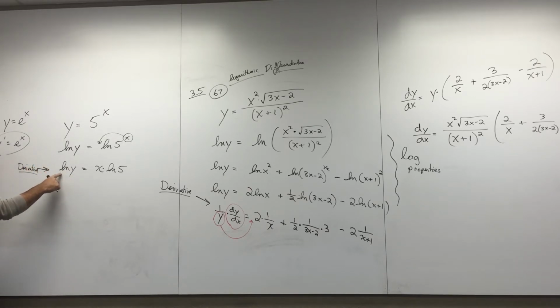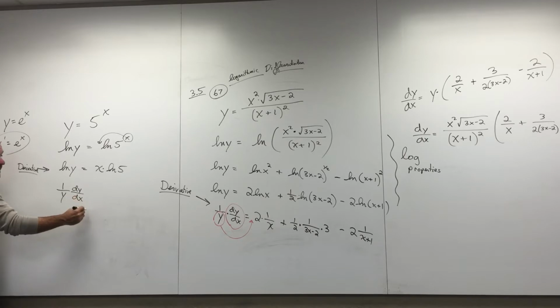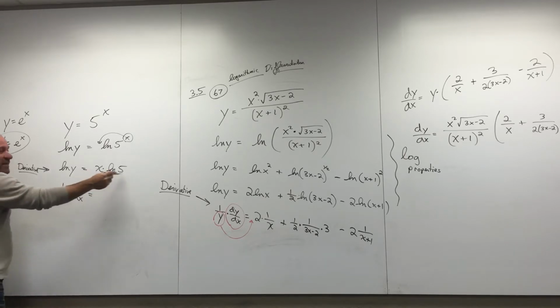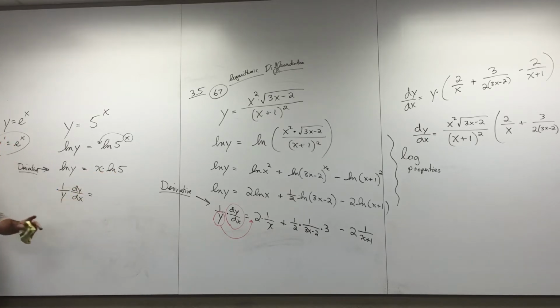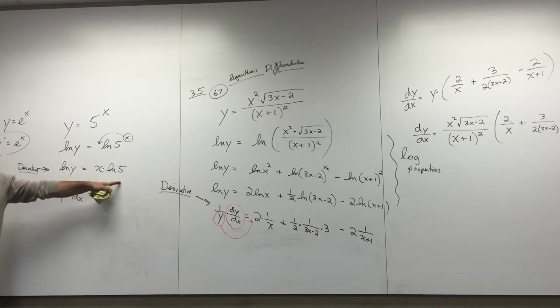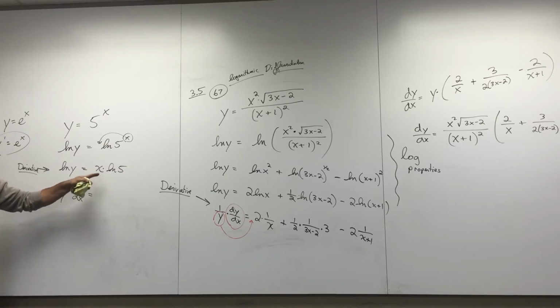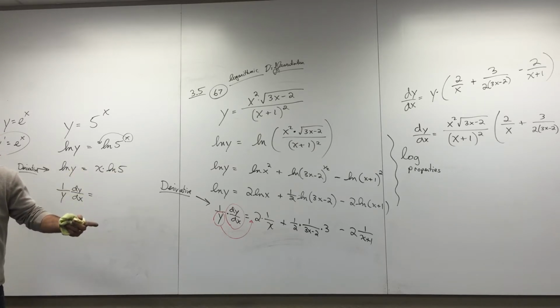How do I do this derivative? I've got to do 1 over y dy dx. This derivative is very easy, but I suppose you could confuse yourself. It's just x times a number. That ln 5 is a number. So how do you do the derivative of x times a number? Like a 6x. What's the derivative of 6x? 6.